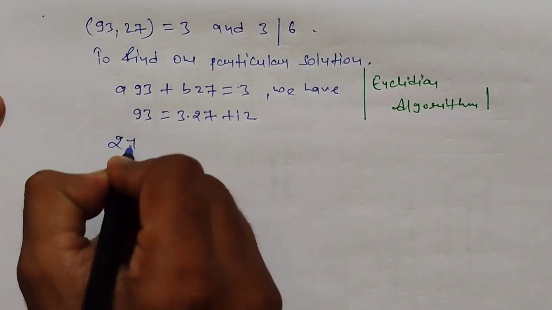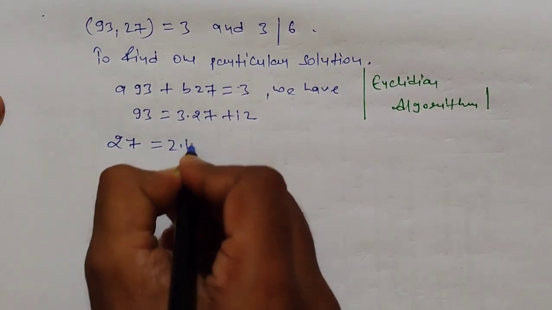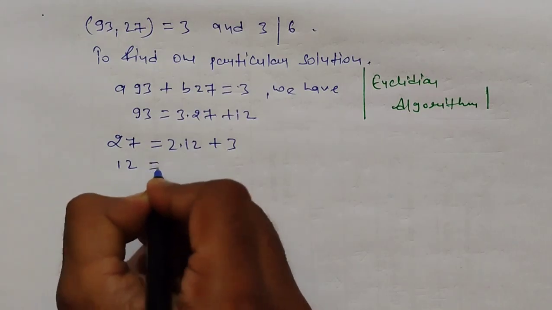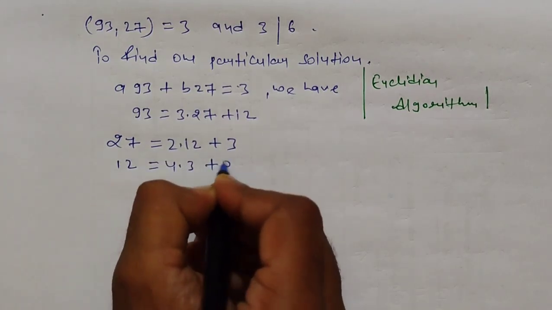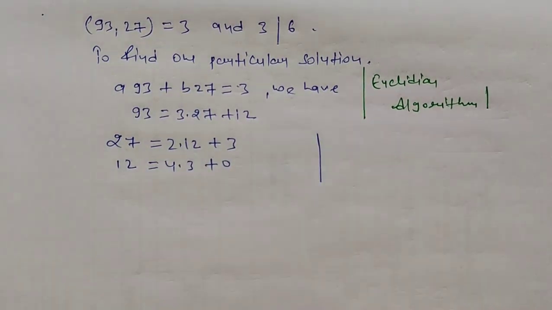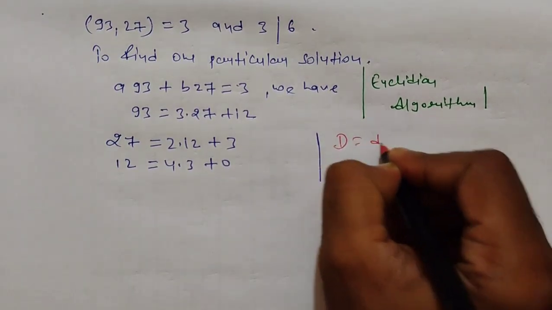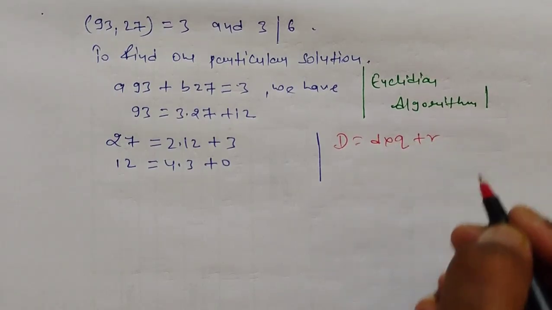So 27 is equal to 2 into 12 plus 3, and now 12 is equal to 4 into 3 plus 0. This is basically the division algorithm, and we can write dividend is equal to divisor into quotient plus remainder.